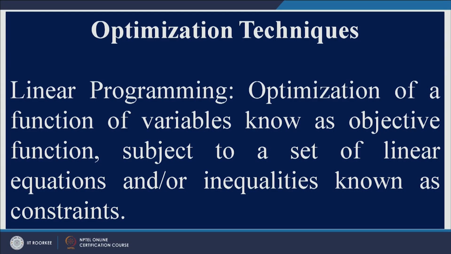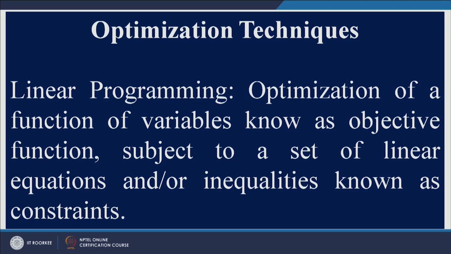Linear programming is basically a technique wherein we always try to maximize or minimize a function of variables, and that function is subjected to a set of constraints, and we represent those constraints in either equality form or inequality form. So, this is linear programming.